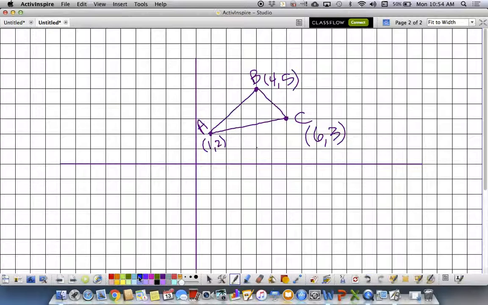I want you to rotate 90 degrees clockwise, about the origin.